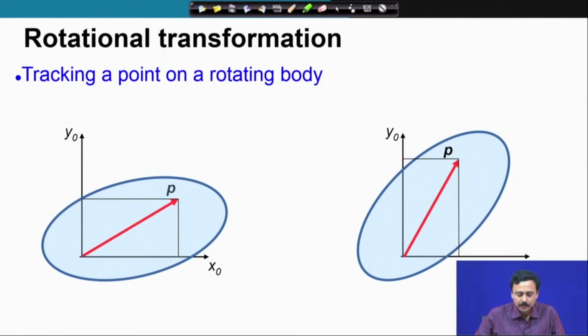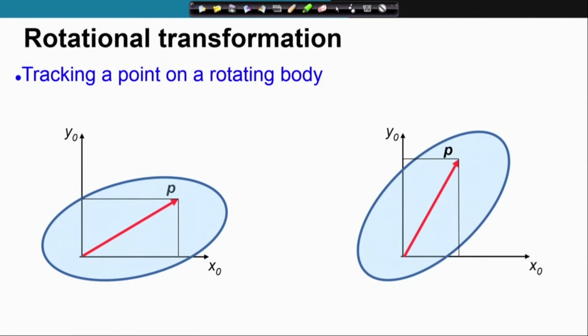So, now we are going to directly go into the problem of tracking a point on a rotating body. So, here I have shown you a body in position 1 which rotates and goes over to position 2.